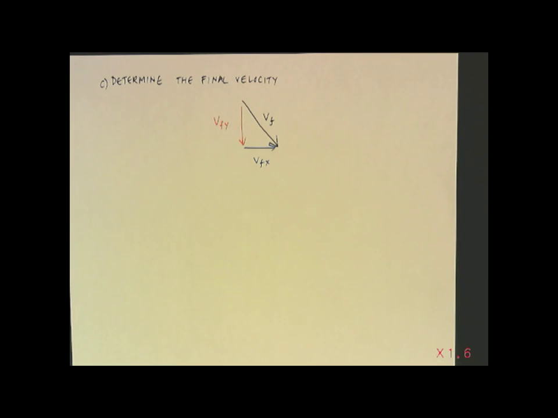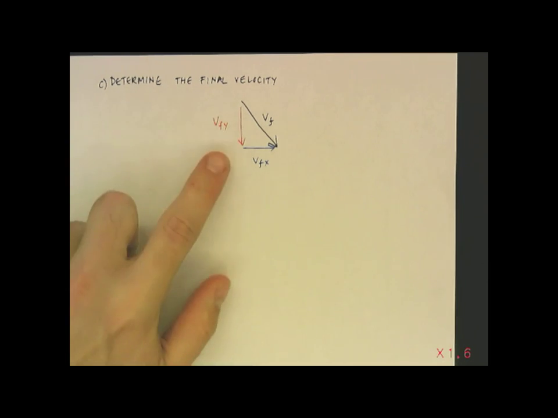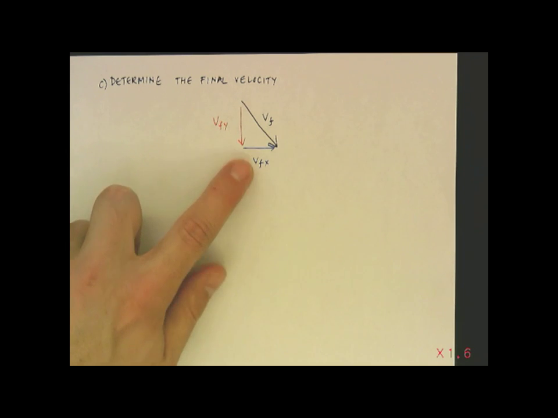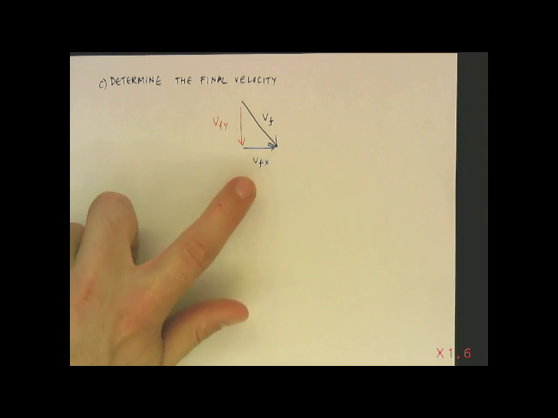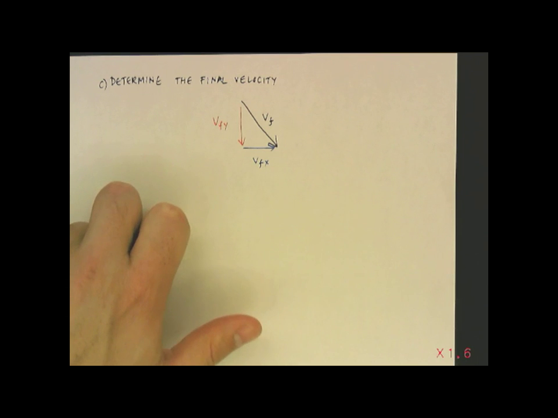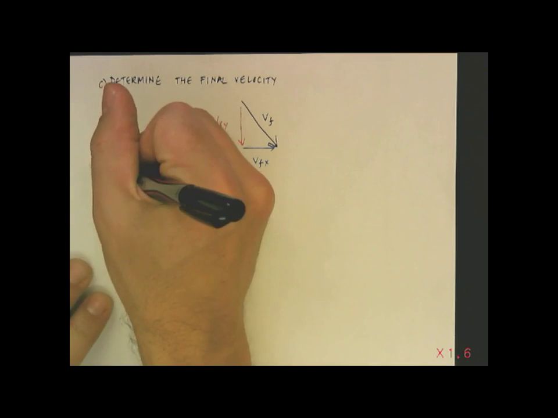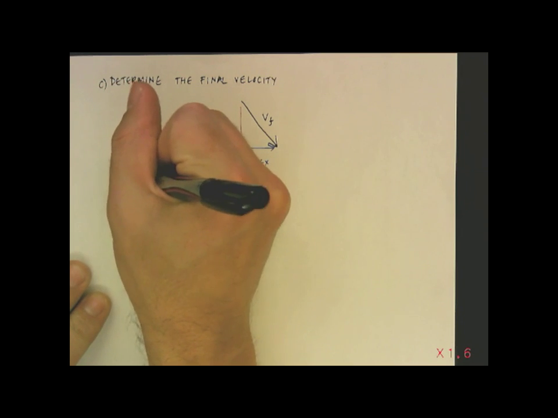So what we're going to set out to do is determine the magnitude of v final y, the magnitude of v final x, and then use the Pythagorean theorem to determine the magnitude of the final velocity. Sound like a plan? So let's do the first part. Let's determine the final y velocity.